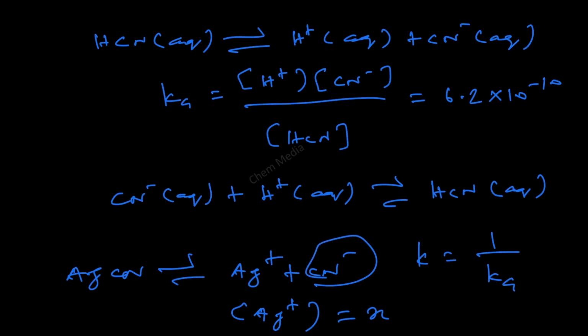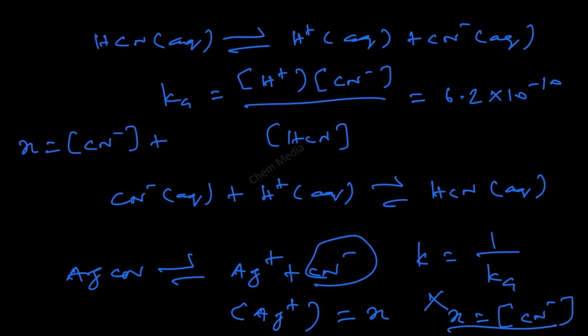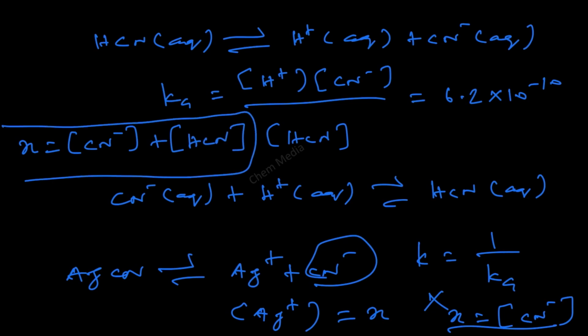This is not in free form. So therefore, we cannot simply write X is equal to CN minus in this case, isn't it? There is something else. We have to add the HCN concentration also. So therefore, X is equal to CN minus plus HCN, isn't it?